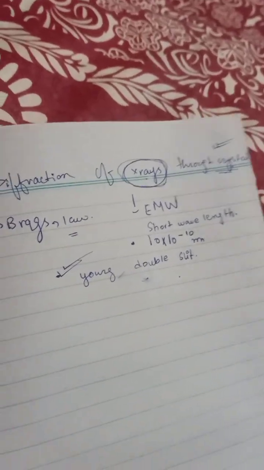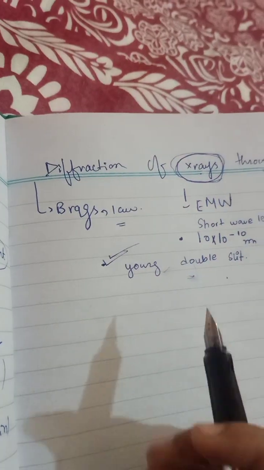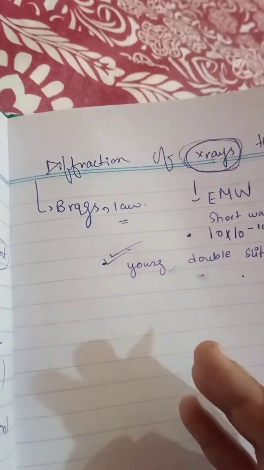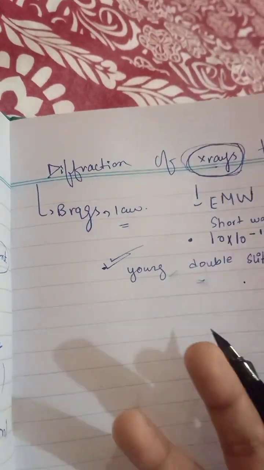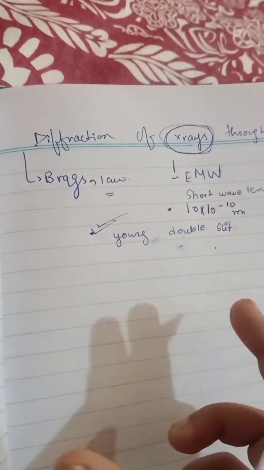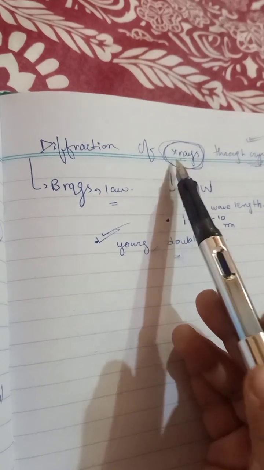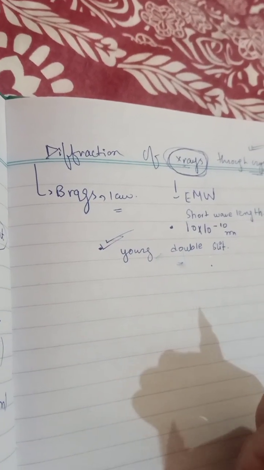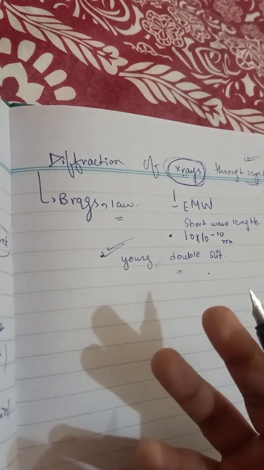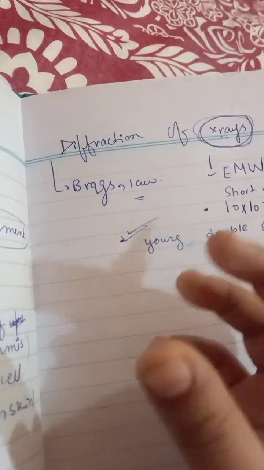Let's see how. In X-rays, the diffraction is basically not valid by the diffraction grating too. We cannot find out the diffraction of X-rays by the diffraction grating, because the wavelength of X-rays is very short and the grating spacing is very large.